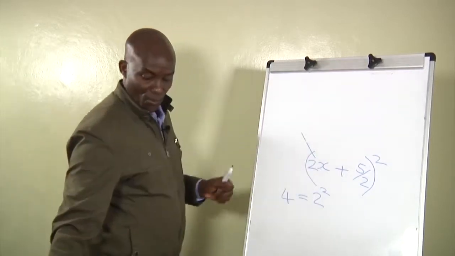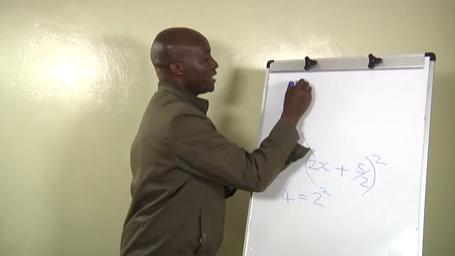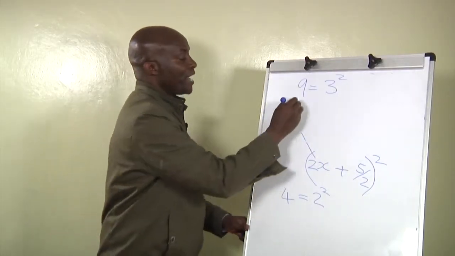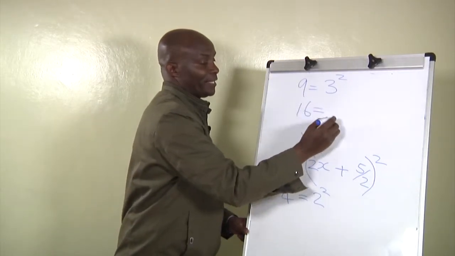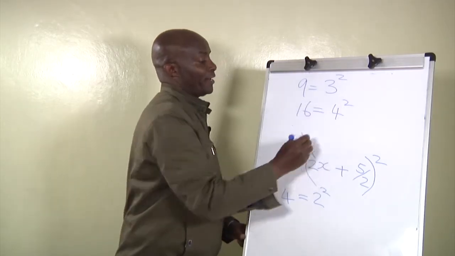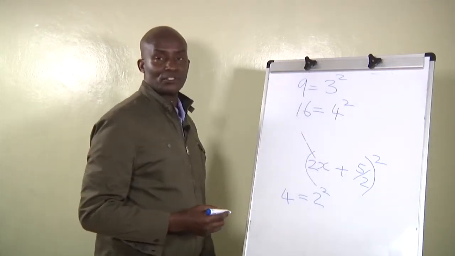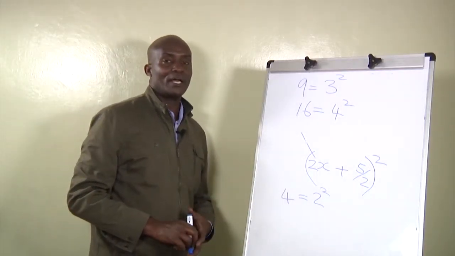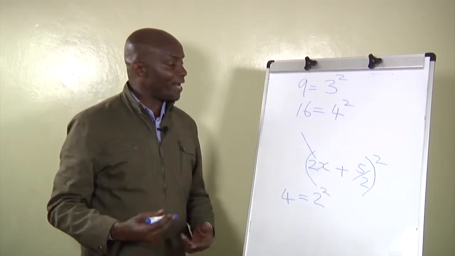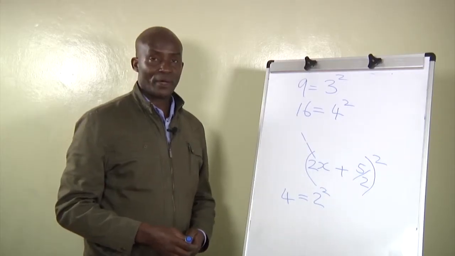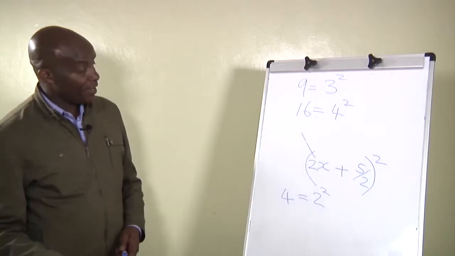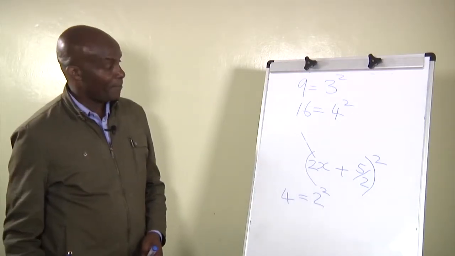Similarly, we can write 9 as 3 squared, and 16 as 4 squared. So 9 is a perfect square, 16 is a perfect square, 4 is a perfect square, 1 is a perfect square, 100 is a perfect square. Now, that is method 1.